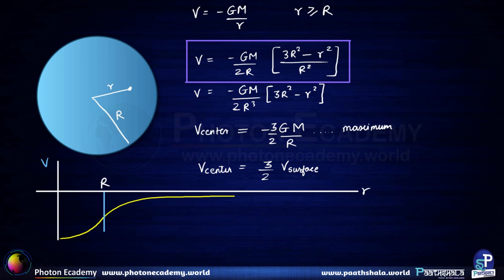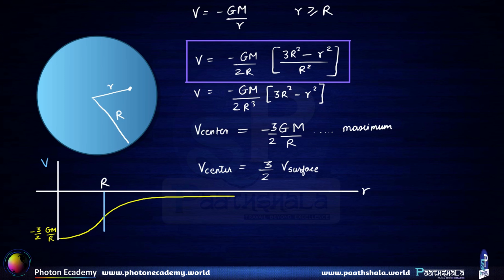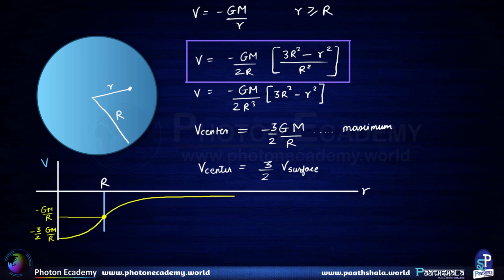And this particular value happens to be minus 3 by 2 Gm upon capital R. So it is maximum at the center at 0 distance, and this particular value happens to be minus Gm upon capital R. So it's maximum in magnitude at the center.